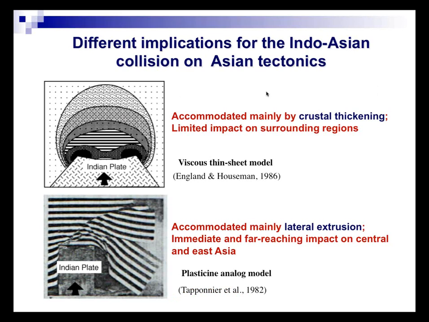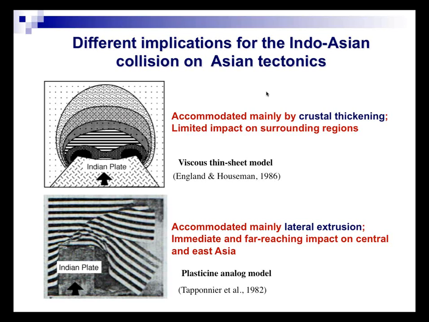But these two models have very different implications for Asian tectonics. In the first model, the viscous sheet model, it says that most of the collision and the shortening of the crust has been accommodated by thickening, and that process formed the Tibetan Plateau.